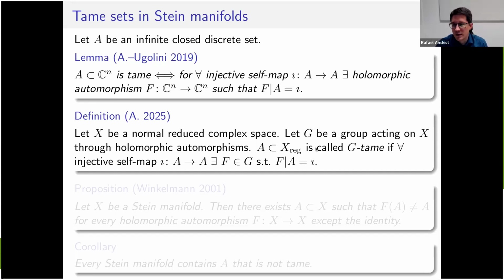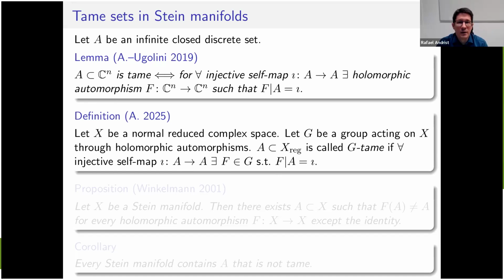And then we call it tame if we can interpolate any injective self-map of that set by an automorphism. And of course, we can also restrict this a little bit. For example, we could pick a smaller group than the whole automorphism group, right? We could ask tameness for just the symplectic automorphisms or the volume-preserving automorphisms or all automorphisms.